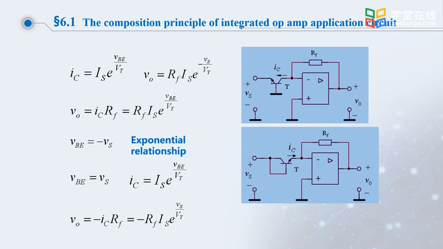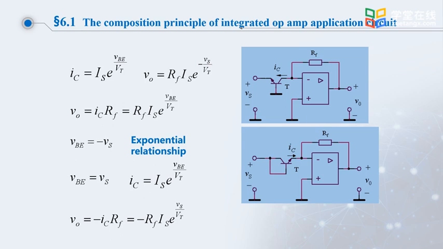We can take a look. The transistor T inside, its current IC and its voltage VBE satisfy an exponential law relationship. IC is equal to Is multiplied by e to the power of VBE over VT. Then there is VO, the voltage at the output. What does it equal? It is related to IC. Because the inverting input of the integrated op-amp can be treated as a virtual break, IC and the current flowing through RF are approximately equal.